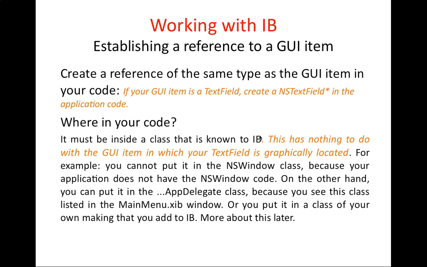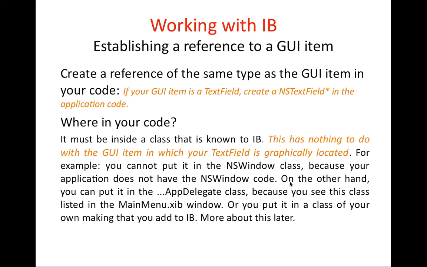It must be inside of the class that is known to the interface builder, which is going to be the controller for the XIB file. So this has nothing to do with the GUI item in which the text field is actually graphically located. It has something to do with the controller class. So it's the view controller that's associated with the view that ends up with the code that's associated with it. So for example, you can put in the NSWindow class if you wanted to, because your application doesn't have an NSWindow code.